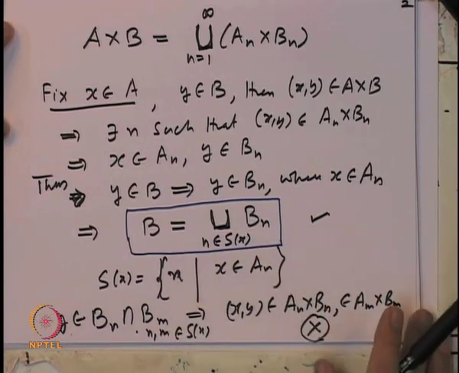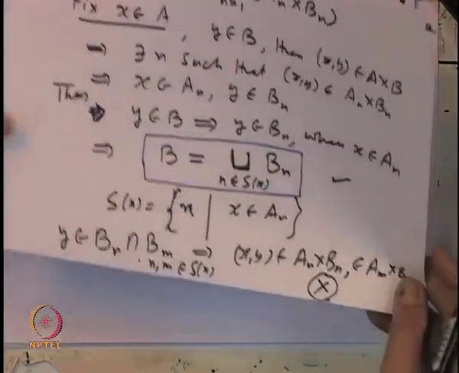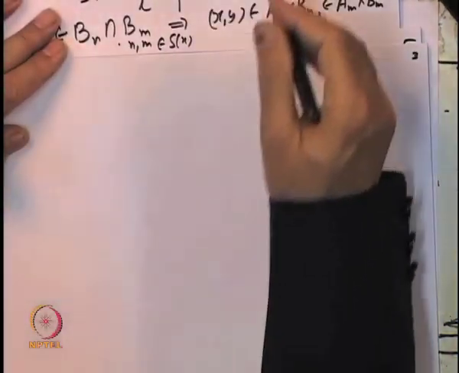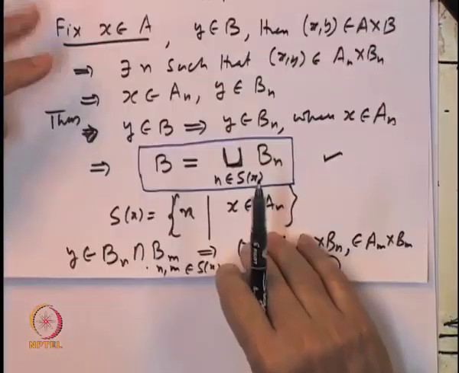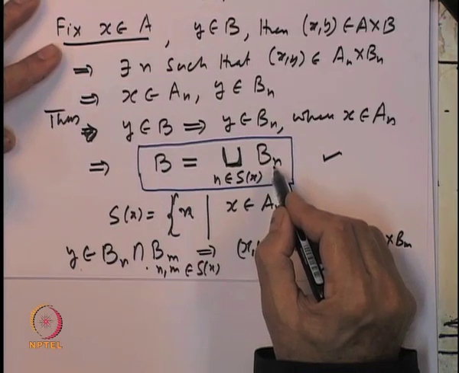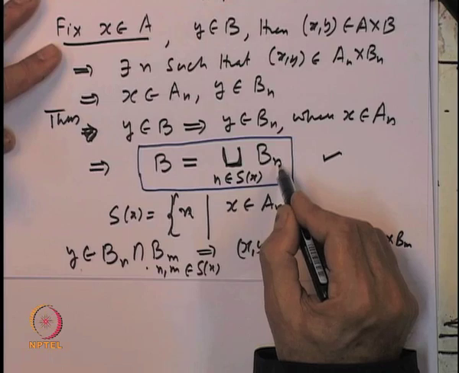So, that was the first important observation. Once this is a disjoint union, the set B and the B n's are all in the sigma algebra where nu is defined.